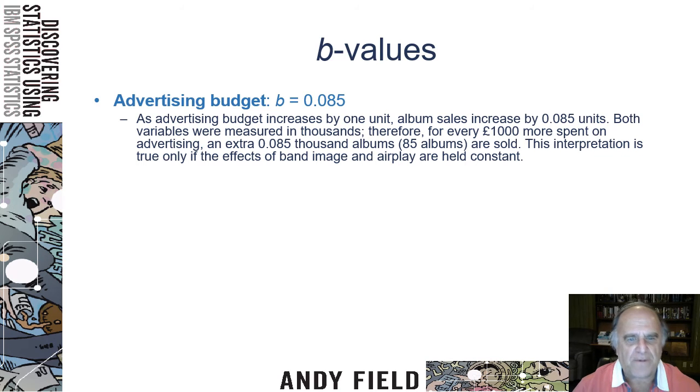Since both variables were measured in thousands, for every $1,000 more spent on advertising, an extra 0.085 thousand albums, or 85 albums, are sold. This interpretation is true again only if the effects of band image and airplay are held constant.